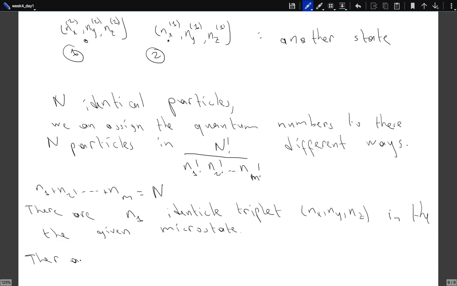And there are n2 identical triplets, different than the previous one, of course.